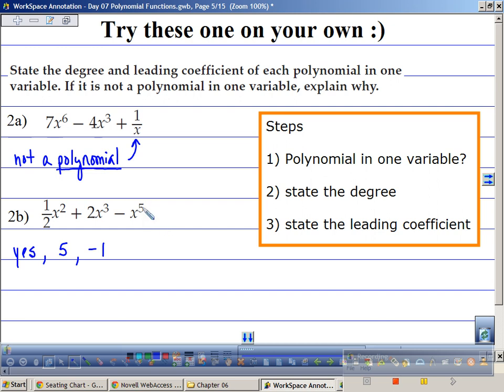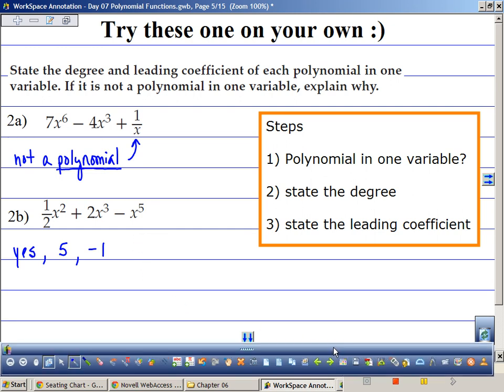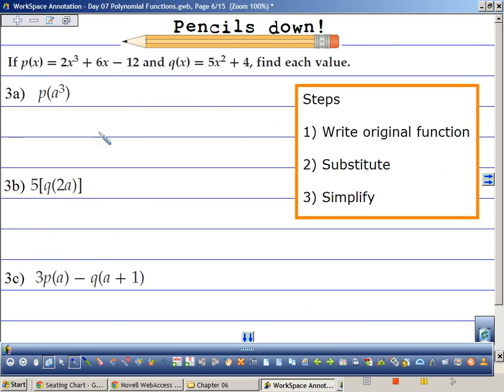The negative x to the 5th should go first because it should be in descending order. Jacob? No, that's not right. Because x is not the slope. -1 is the slope. All right, any more questions? Good question, though, Jacob. Okay, pencils down.